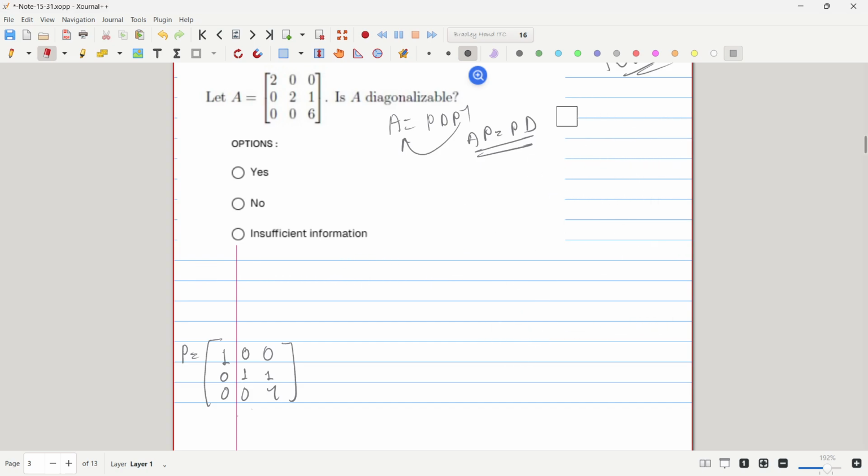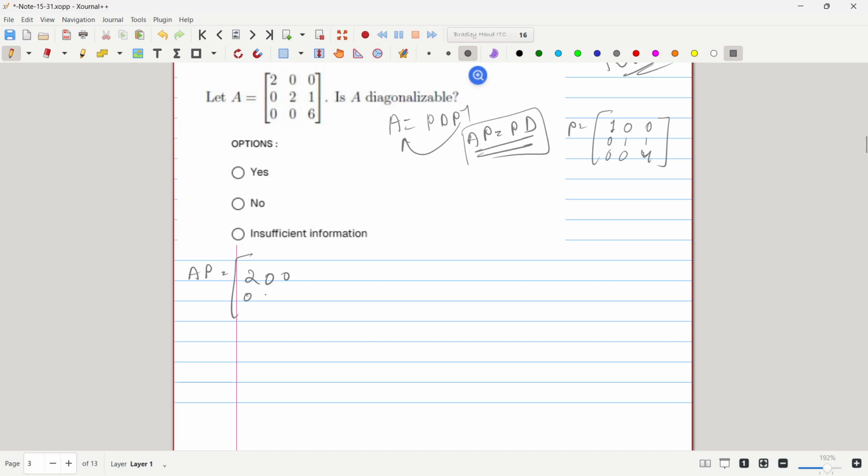Now finding whether the matrix is diagonalizable or not. You have to check whether AP is equal to PD or not. P is 1, 0, 0, 0, 1, 0 and 0, 1, 4. First let's check AP.